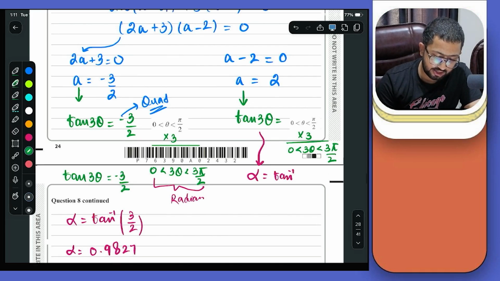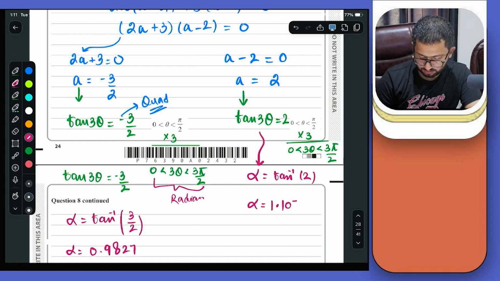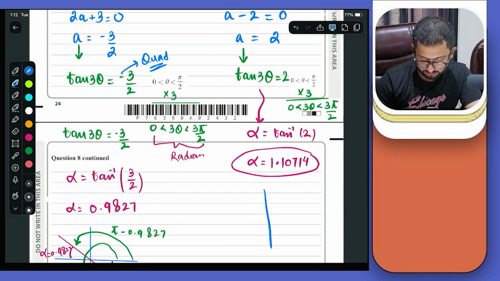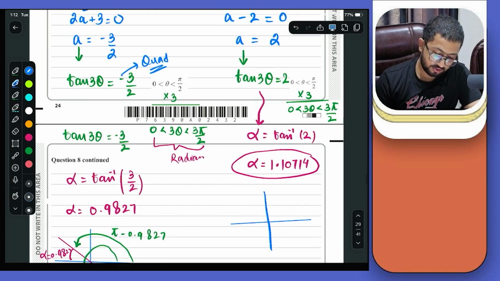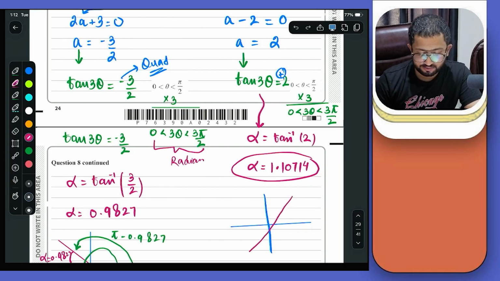Tan 3 theta is actually equal to 2. Tan is positive, so tan is positive in the first quadrant and third quadrant.